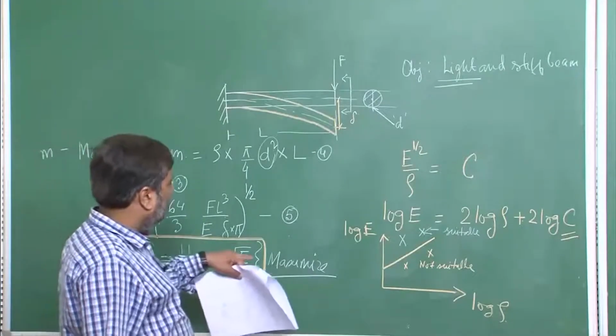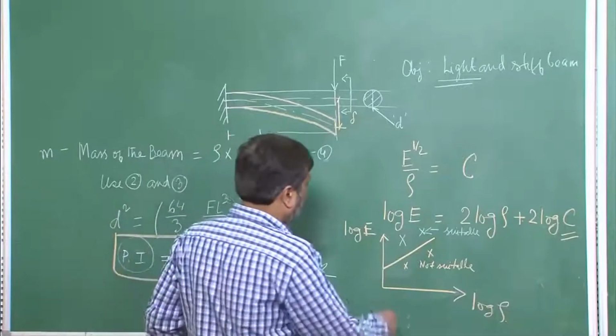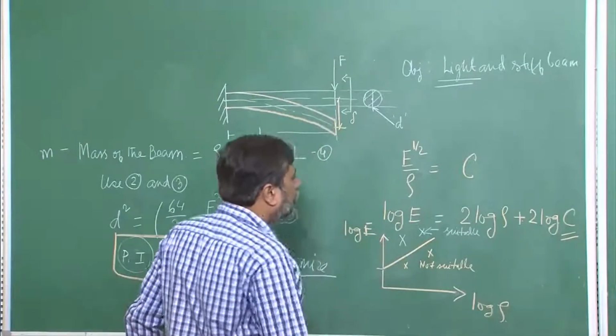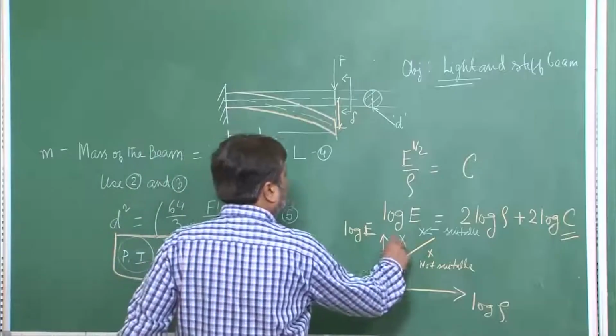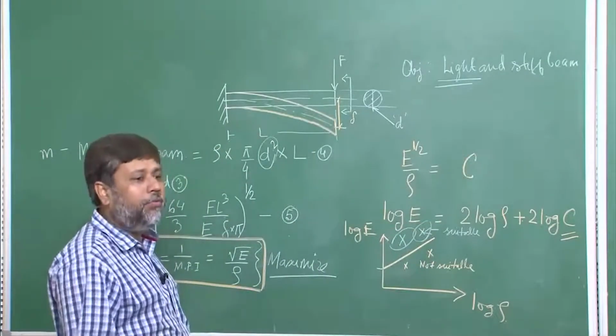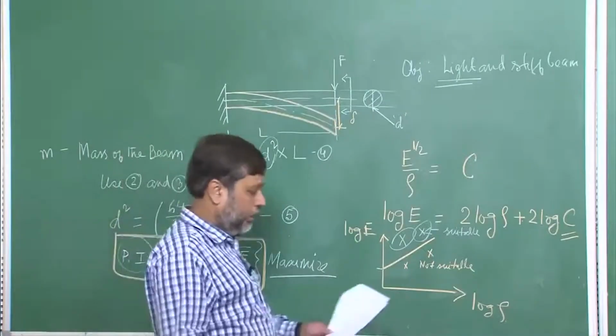So, to do that also, if I know what my cutoff point is, then I can actually search for materials and find out what will be a very good material for our application.